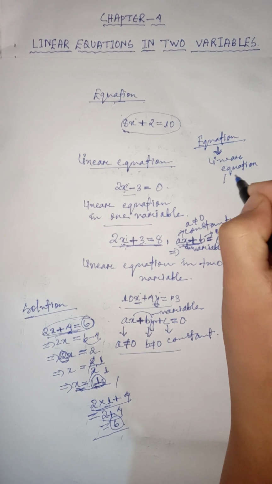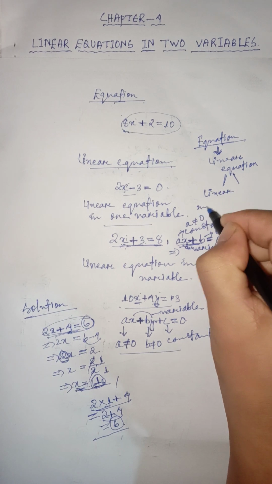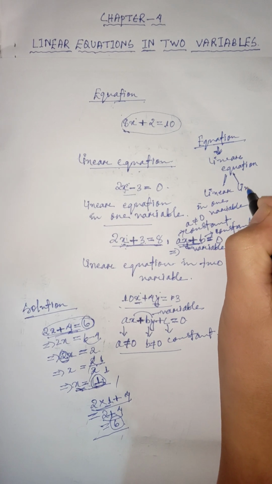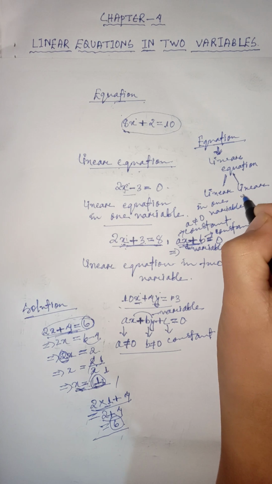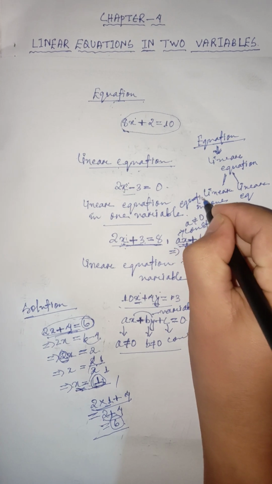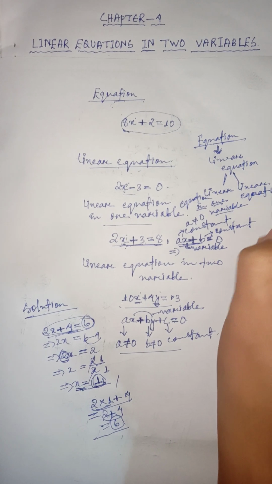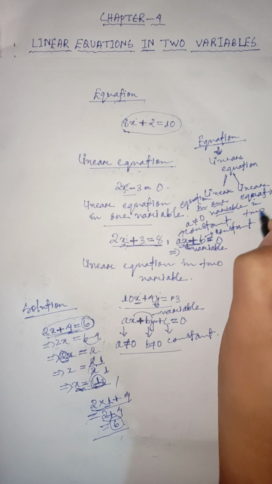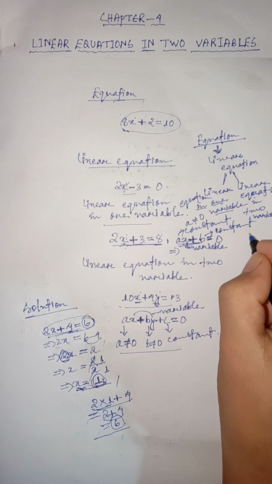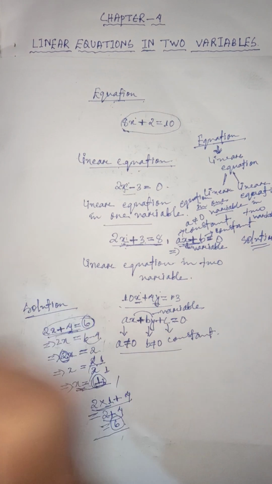And after this, we define linear equations in one variable and linear equations in two variables, right? And at last, what do we have? At last we have solution. So these are all the things that we explained today.